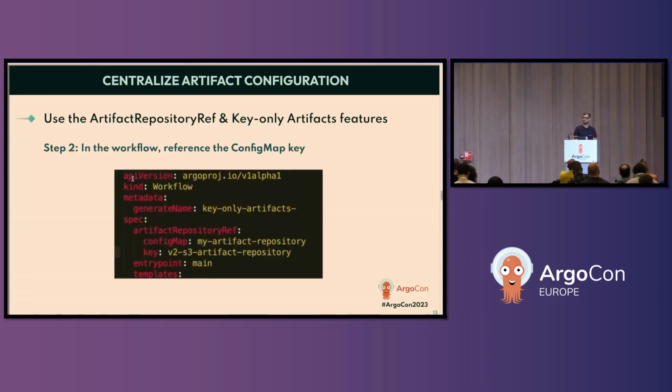And so then from your workflow, this section called artifact repository ref is where you can say, here's that config map that I want to reference, here's the key within it. And so then all of the artifacts that are defined within this workflow are going to use that by default.